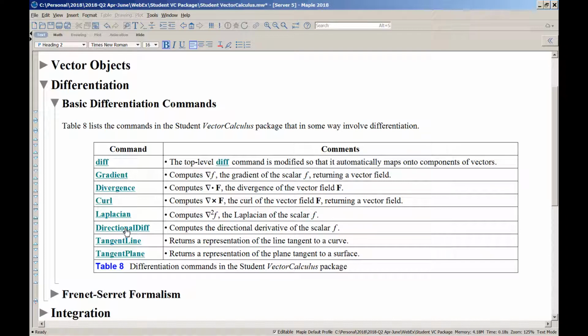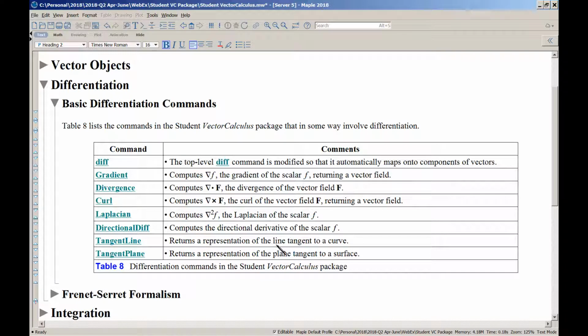There is a directional diff command, so it computes a directional derivative. There's a directional derivative command in the student calculus package, Calculus 1, but there's this command here, and it applies to a scalar. There is a useful tangent line command and a useful tangent plane command.